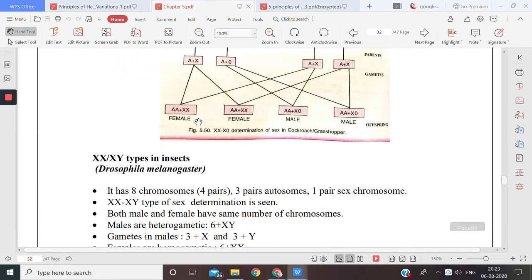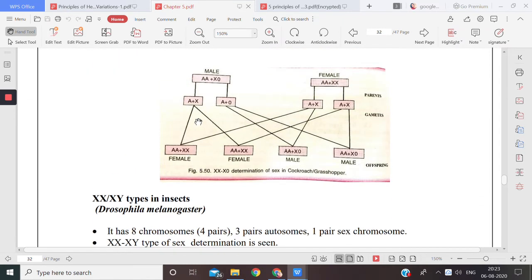Let me show you the diagram of cockroach or grasshopper, and how you will draw it. You will write in the same manner as written here. These are the parents. These are the autosomes plus their sex chromosomes. Because it's a male, the sex chromosome will be XO.